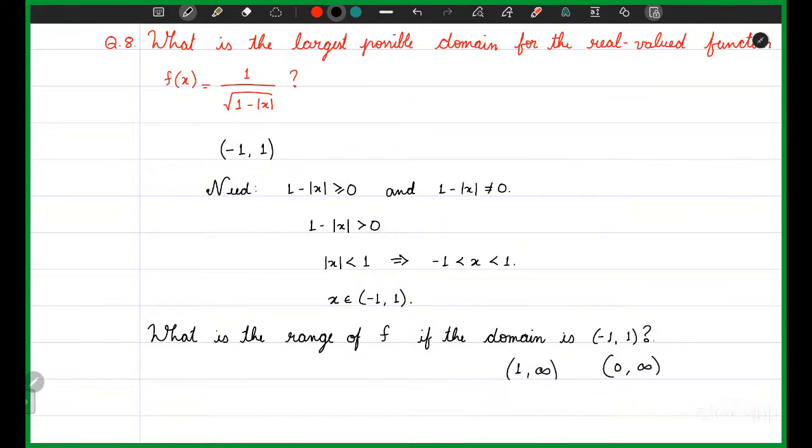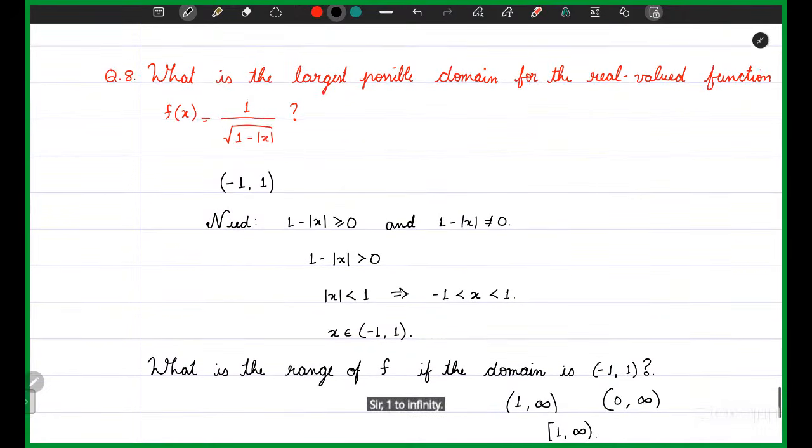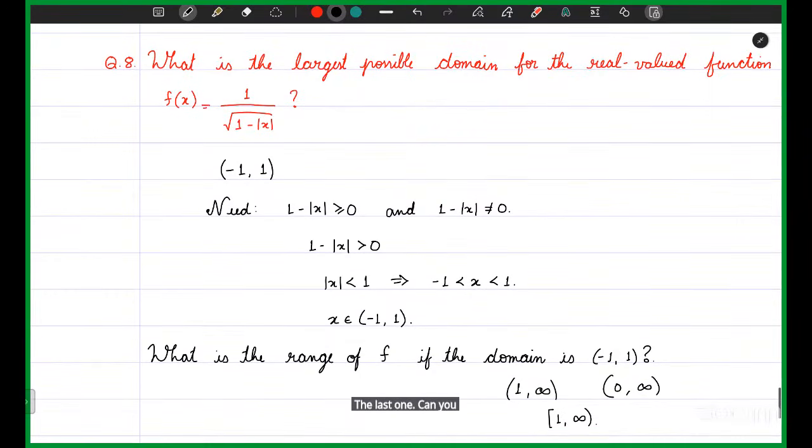Closed interval 1 to infinity. Sir, 1 to infinity. Yes, sir. Last one. Can you explain? If we put 1 in the x place, it means 1 minus 1, 0. 1 by 0 gives infinity.